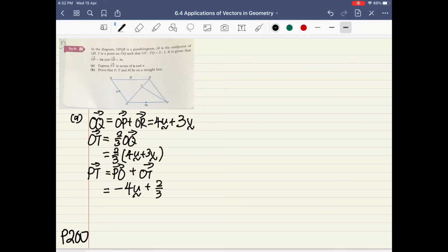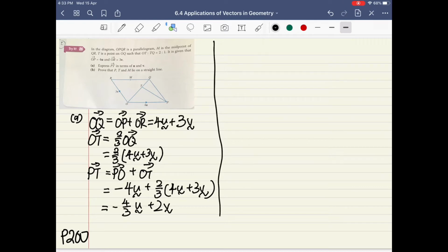PO is negative 4U and OT is what we have found above, and OT itself is 2/3 of 4U plus 3V. So if you open up the brackets and simplify, what you get is PT equals negative 4/3 U plus 2V. Now I will move on to part B.